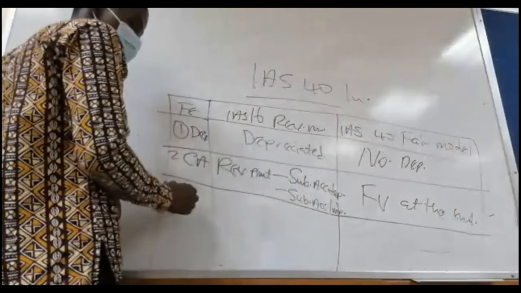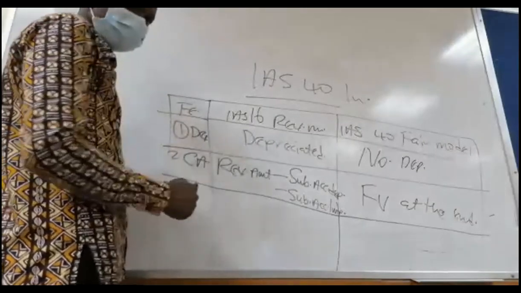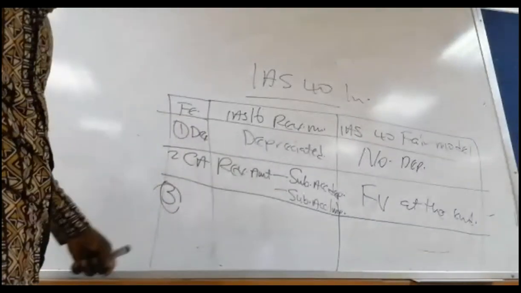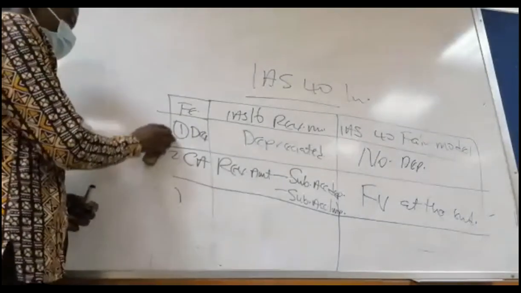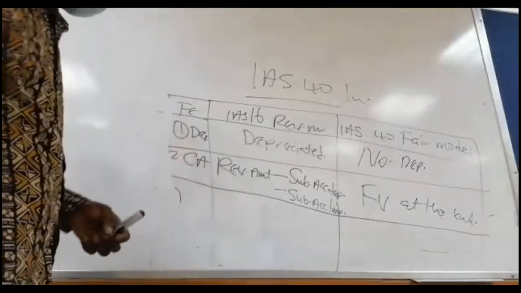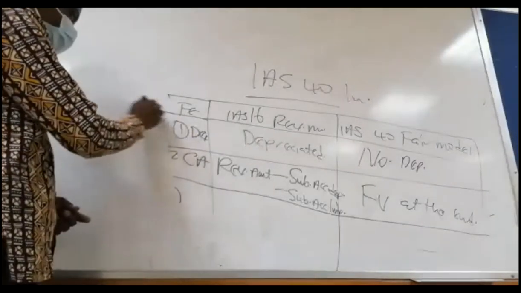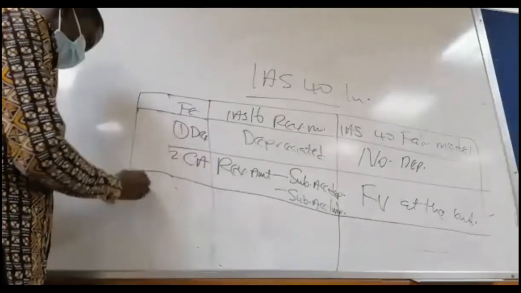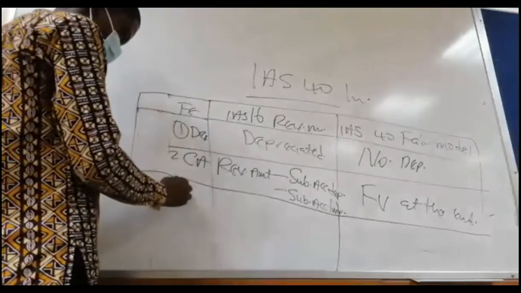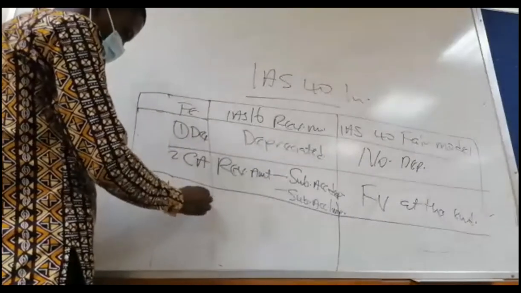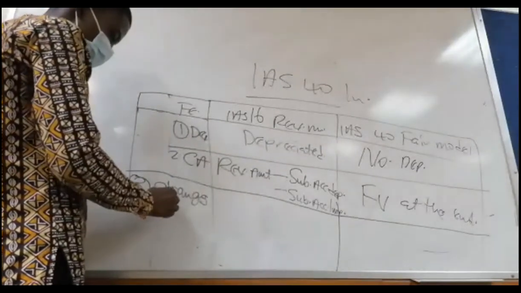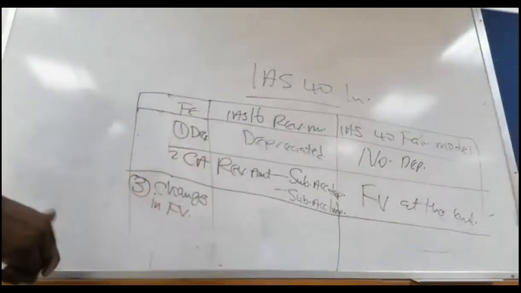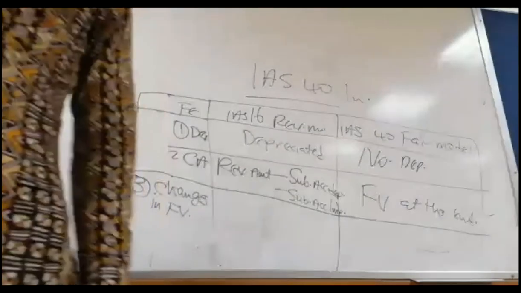So number 3, changes in fair value. How do you record changes in fair value?